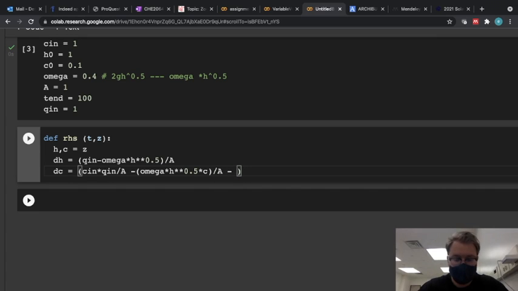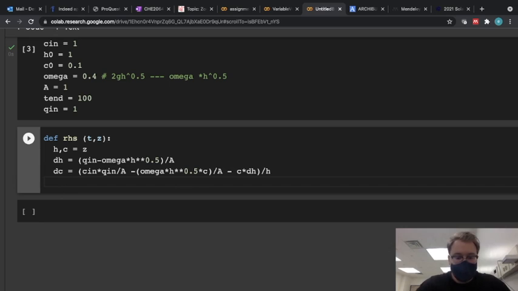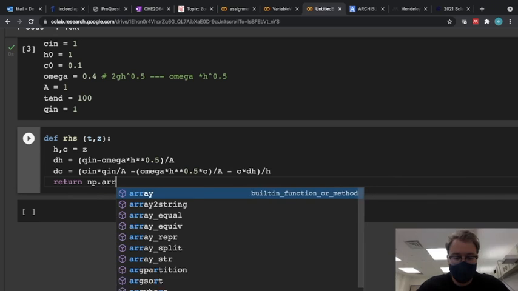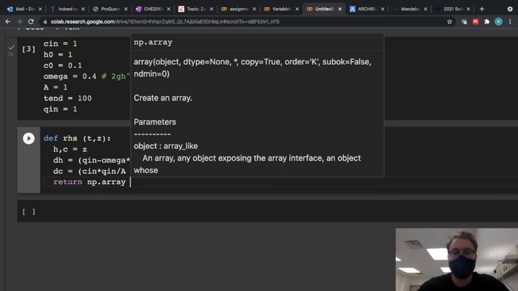minus concentration times, here I brought in the dH, which is the first differential equation, change in height. And then all of that is going to be divided by height again. So I have my two equations, so now I can return for my numerical Python array of time, concentration, and height.